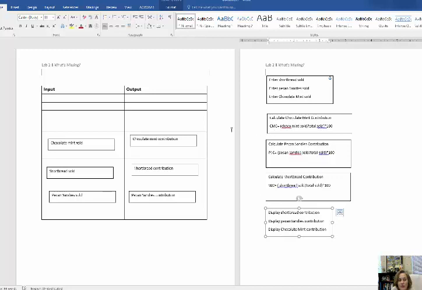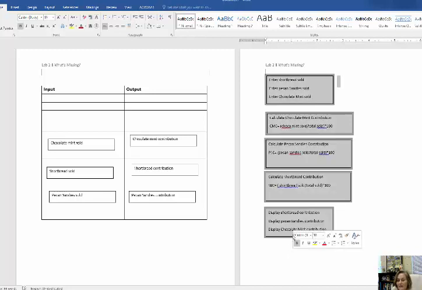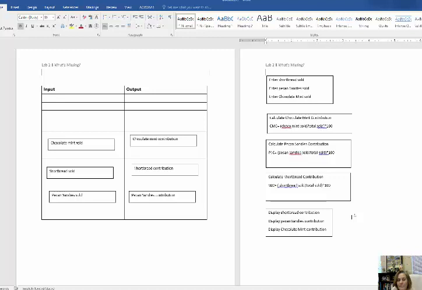So we've used these variables. They're in the correct column as output because we're going to display them down here. So at this point, calculate chocolate mint contribution, pecan sandies contribution, shortbread contribution. While these are used in a calculation statement, they are also displayed items, and that makes them output items.